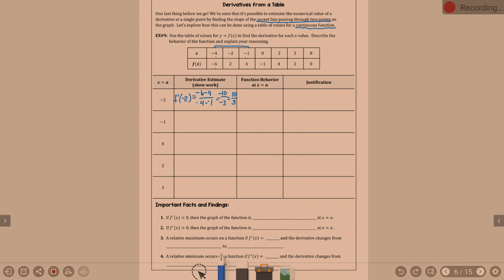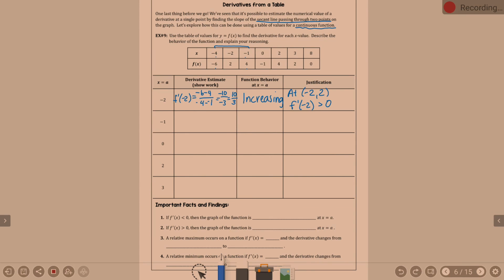Okay, this is a positive derivative. So my graph is increasing. And the justification, I'll write on this first one, is at -2, the derivative at -2 is greater than 0. That's how we can justify the increasing.